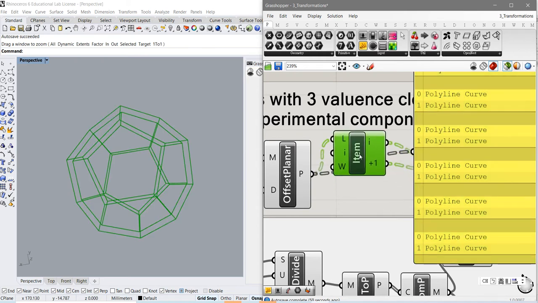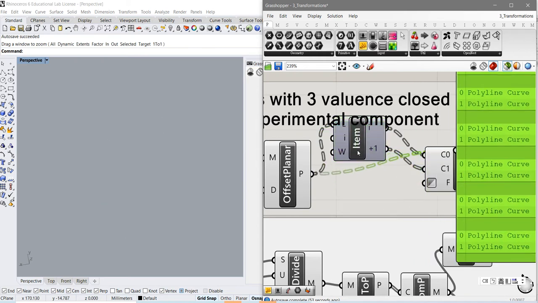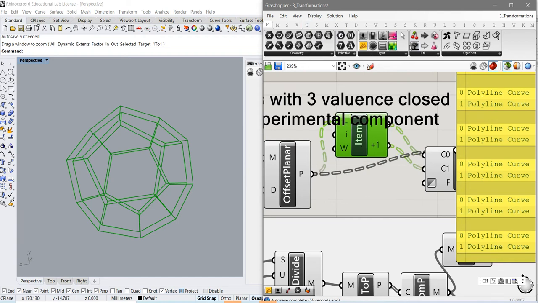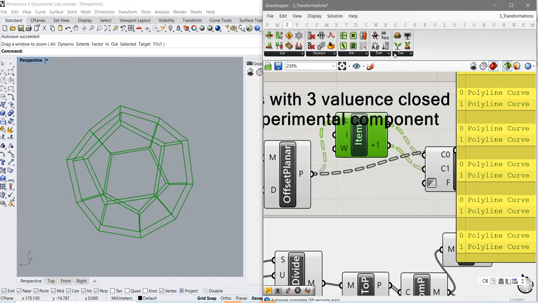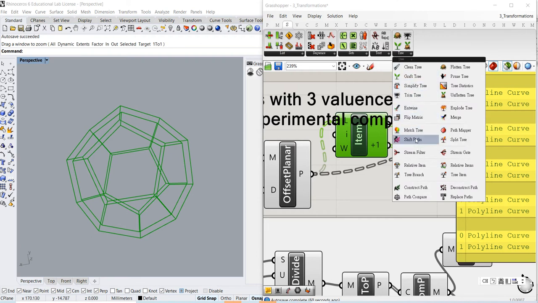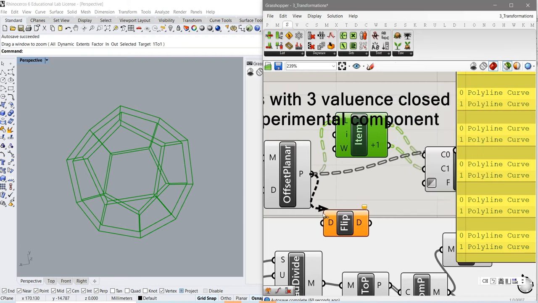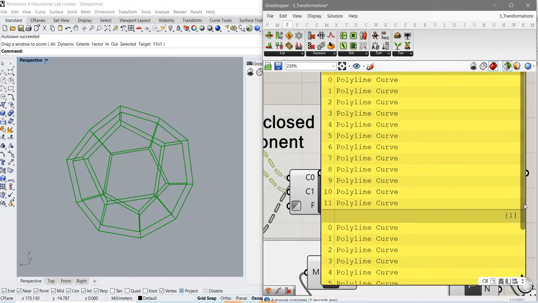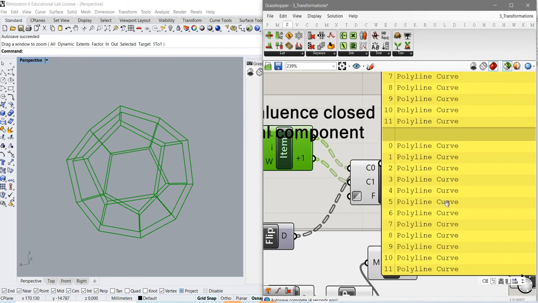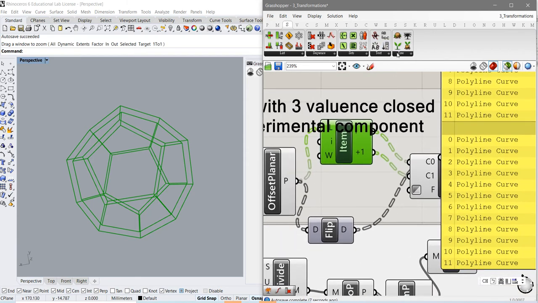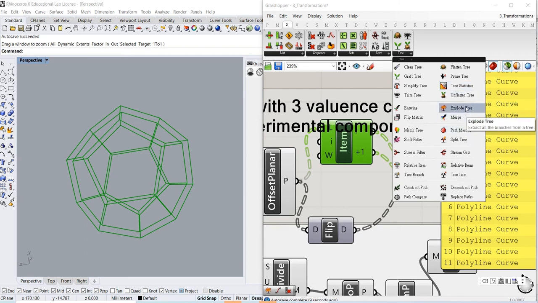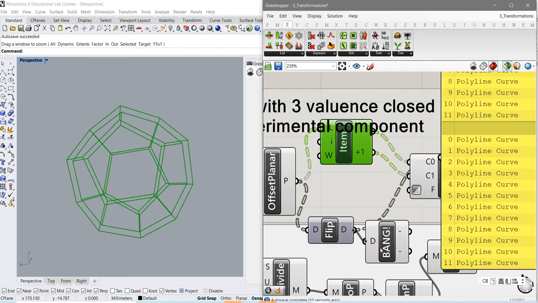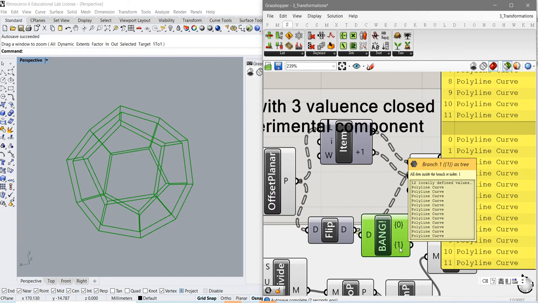Okay. This operation is exactly like if I do it the other way. I go to set, and then I flip the matrix. After I flip the matrix, I get a tree with 2 branches. Okay, and then I explode the tree. Usually we do this match output, then we get the first branch, second branch.